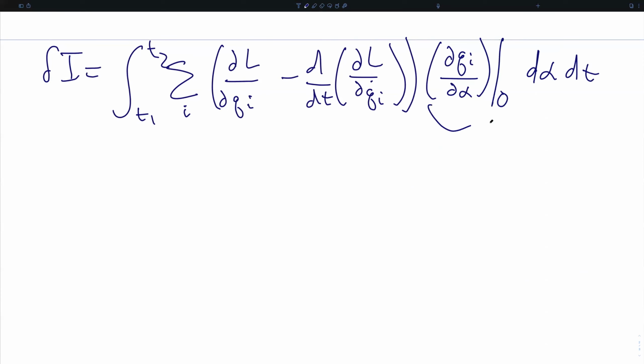And this term here we can represent as delta qi. So we're defining this as delta qi, and this represents an infinitesimal departure of the varied path.